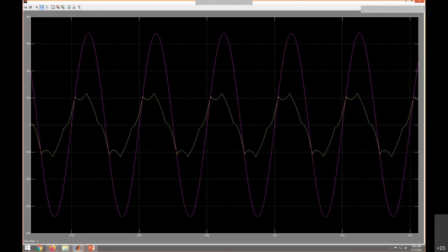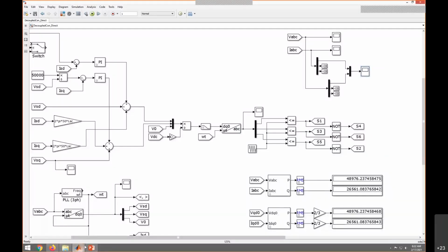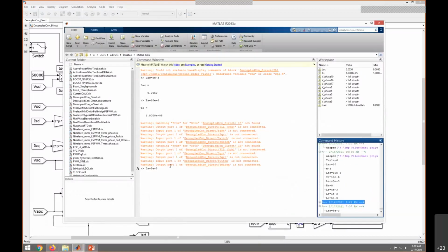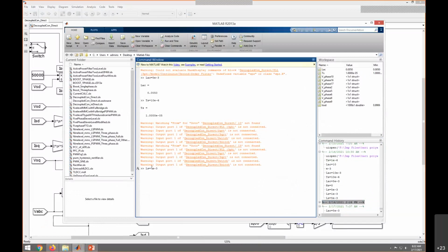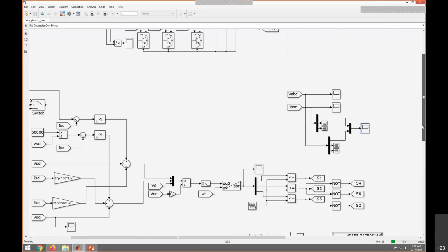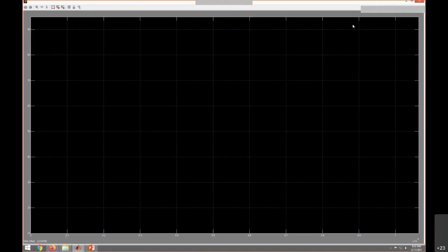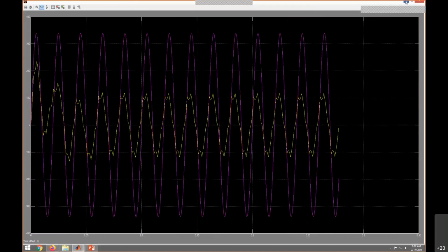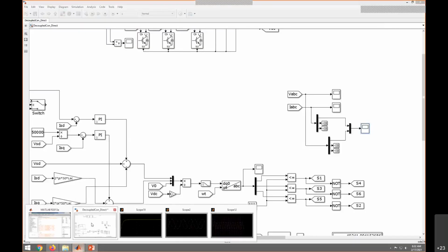You can see the inductance is somewhat high. You can reduce the inductance. It seems like some tuning is required, so for the inductance.